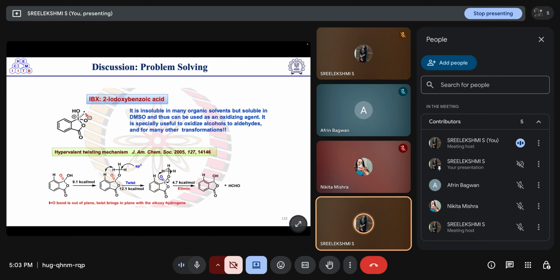The problem with this reagent is that it is insoluble in many organic solvents, but it is soluble in DMSO, and therefore in DMSO we can use it as an oxidizing agent at room temperature itself.